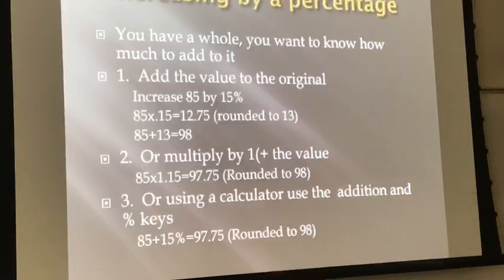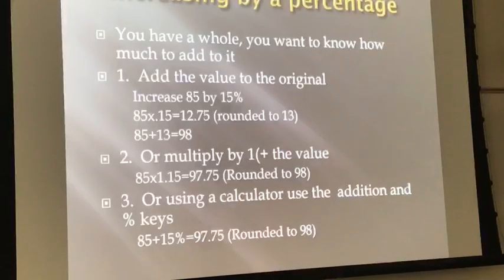Like this one: 85 plus 15%, it brings it right up. But some of your calculators don't take that step, okay? This one came up to 97.75. Some of your calculators, you have to hit the equal sign afterwards. So if you hit 85 plus 15%, it'll give you that, but it won't give you the total until you hit the equal sign, okay?